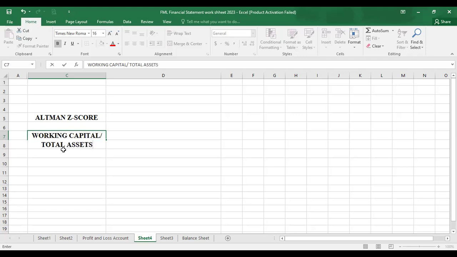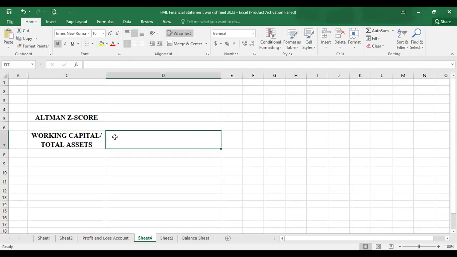Please, what's the formula for working capital? Please, the formula for working capital. I'm waiting for response from the class, please.